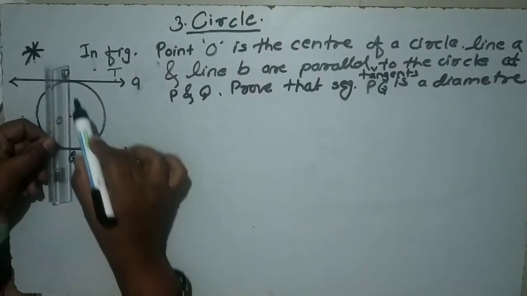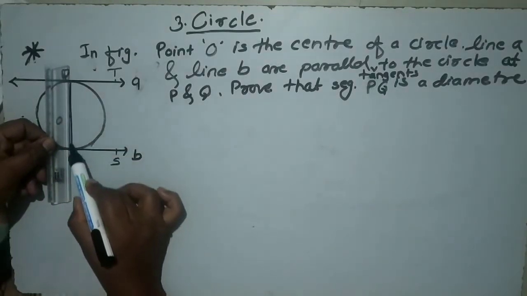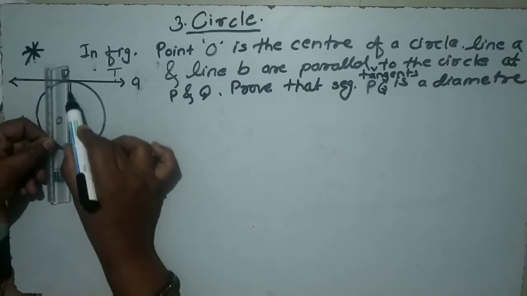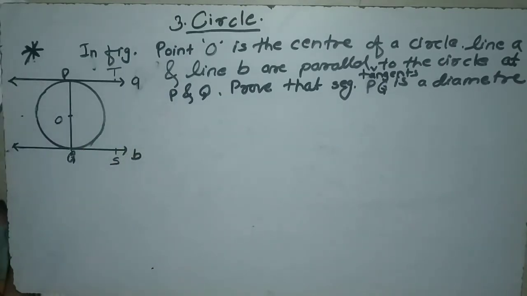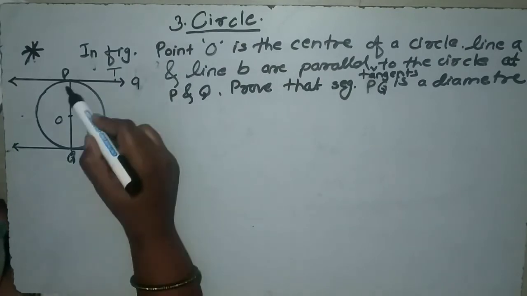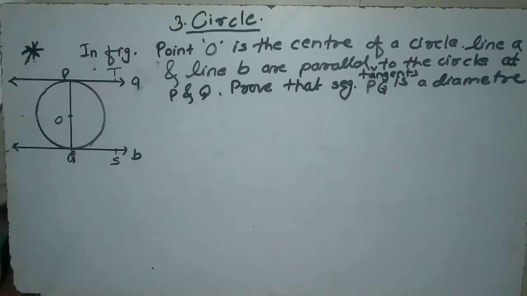First of all, we will join P and Q, and if it is a diameter, it passes through the center of the circle, that is O. We have to prove that this PQ is a diameter.